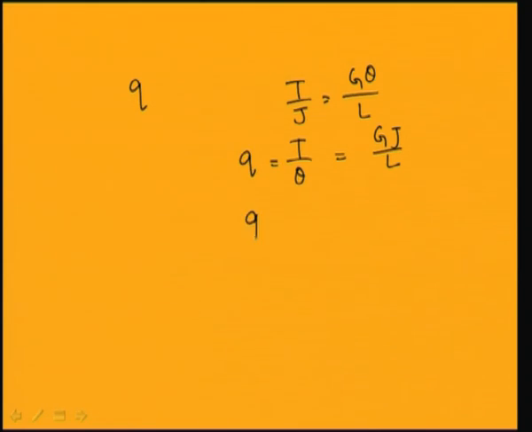So you can have Q1 equal to G J by L1, as I am taking the same system or same rod. Similarly I can write Q2 equal to G J by L2. So as the natural frequency is same for both the parts, I can write omega 1 equal to omega 2.